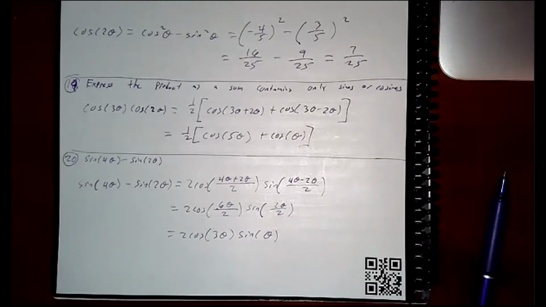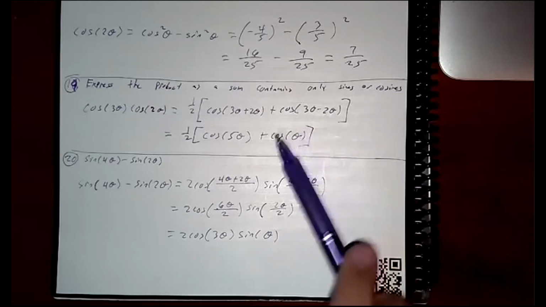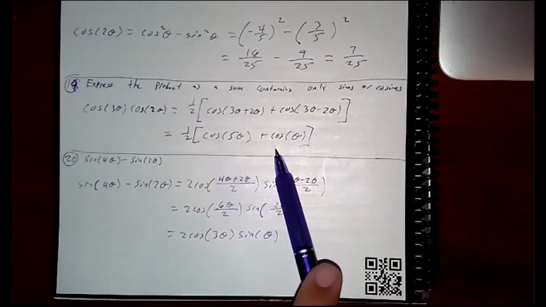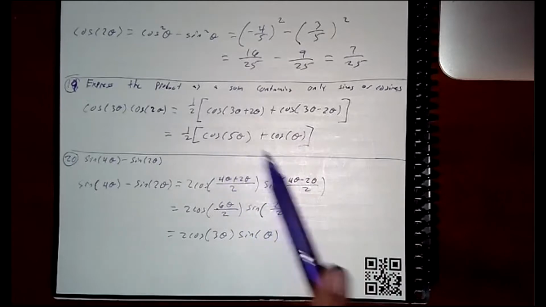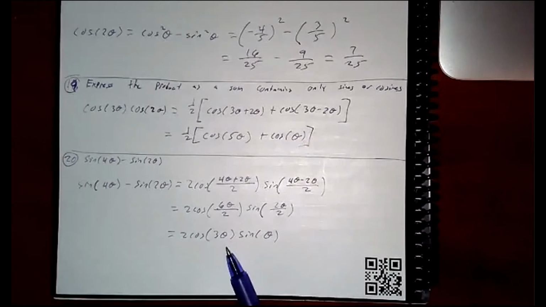For 19, the correct answer is 1/2 cosine theta plus cosine 5 theta, which is the same as this. I just wrote them in reverse. Same deal for 20, they also switched them.